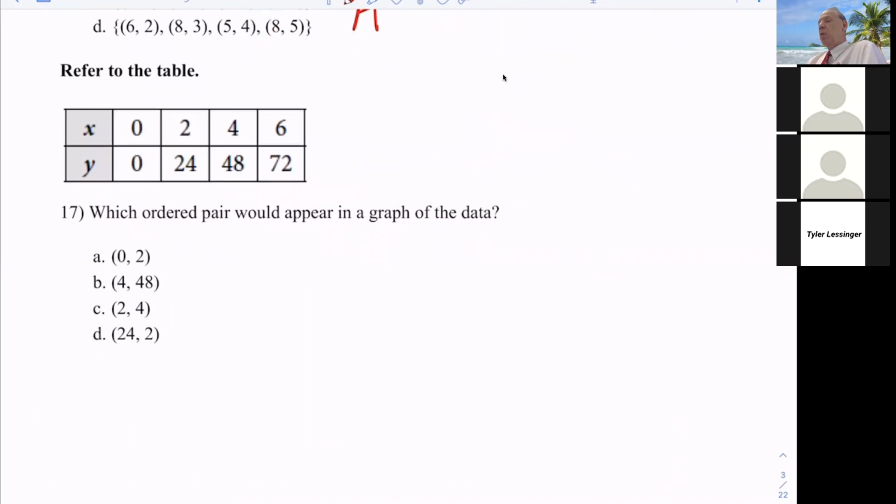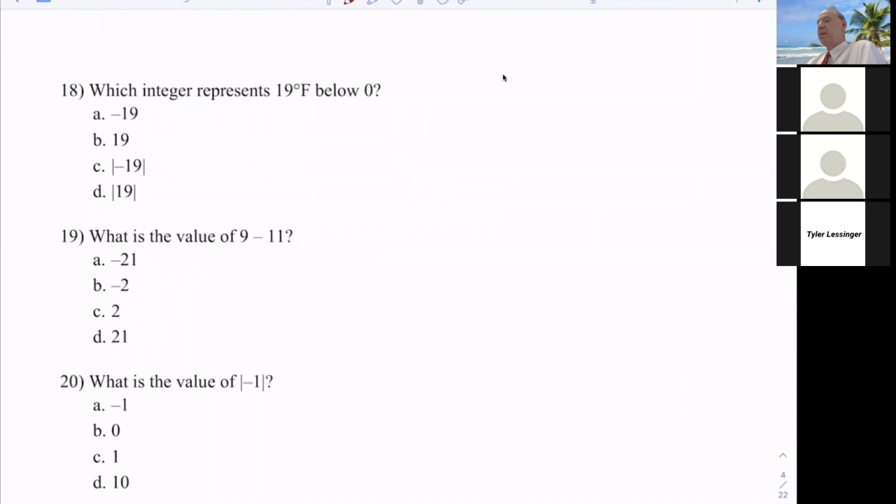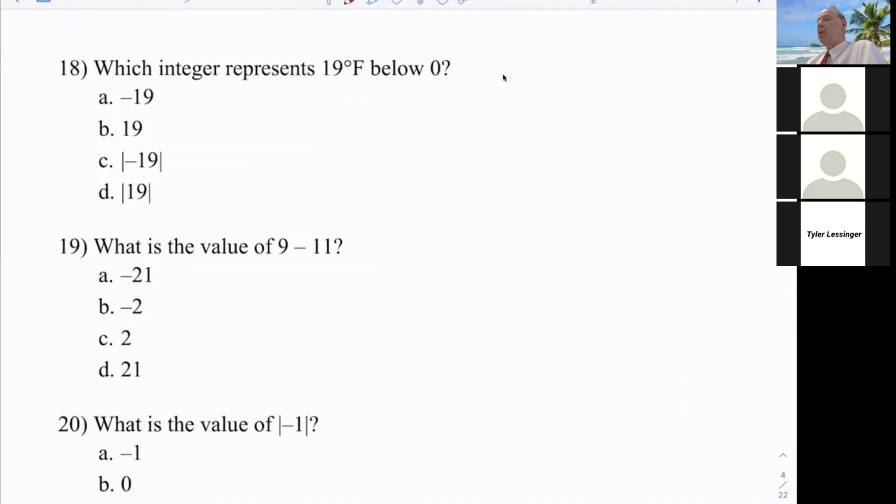Refer to the table. Which ordered pair would appear in the graph of the data? 4, 8, right? Any issues with that? Just making sure you know how to use the table. Everybody good? 18. 19 below 0.